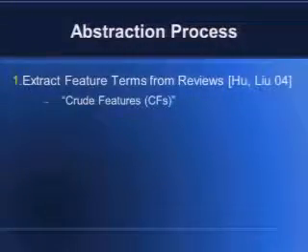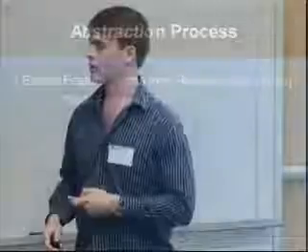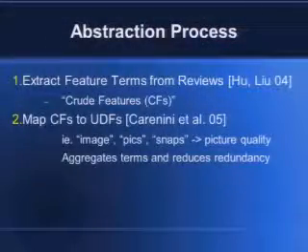So there are four main steps to the abstraction process. First, we extract feature terms from the reviews. At this point, we call these crude features because they're taken directly from the input text, and they can use different ways to refer to the same feature. There can be spelling mistakes, etc. For this, we used Hu and Liu. The next step is to map these crude features onto that user-defined hierarchy, which was input by the user.